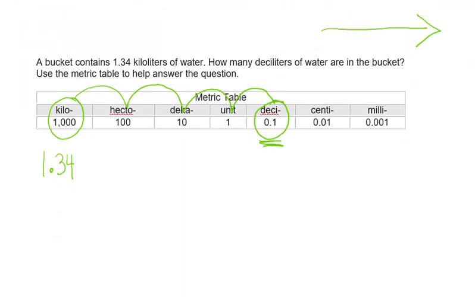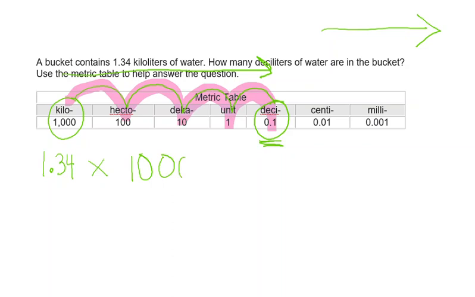So here we're moving from kiloliters this direction to deciliters. So that is to the right, which means we need to multiply by a power of 10 with 1, 2, 3, 4 zeros.